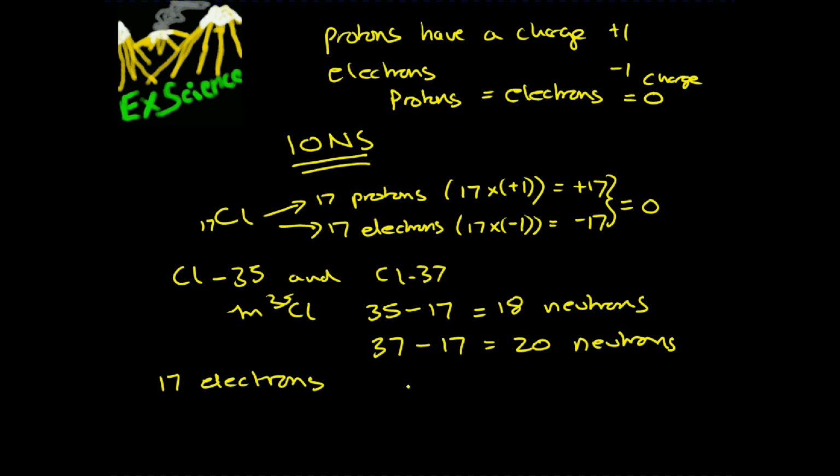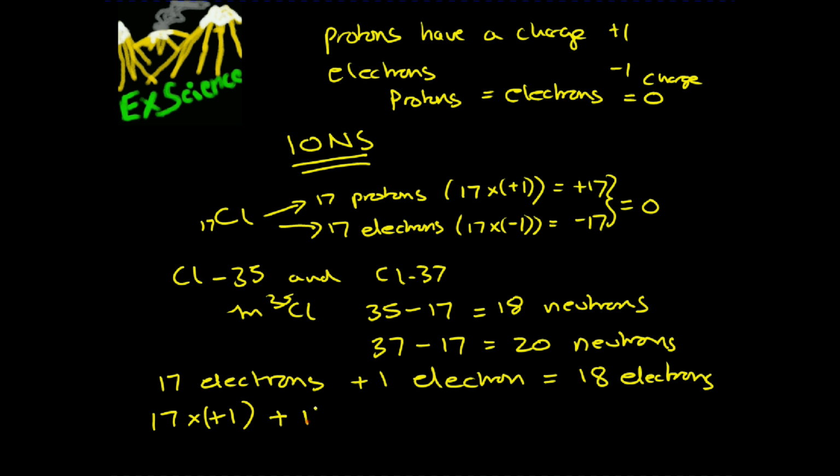If I was to gain an electron, I would have 18 electrons. So in this situation, I would have 17 times plus 1, and to sum that up, I have 18 times minus 1.